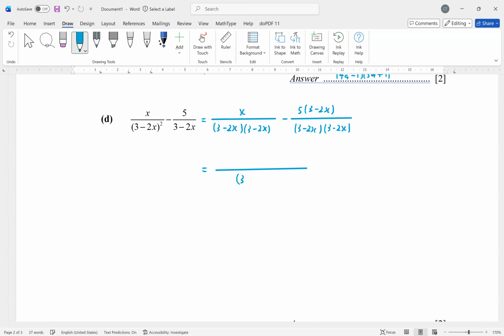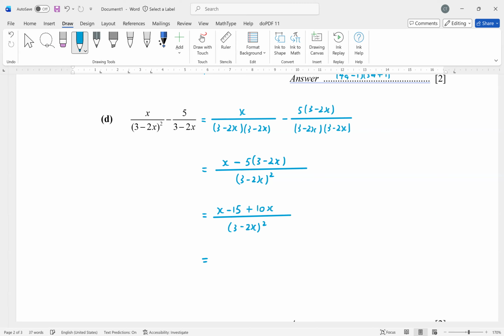This one, the denominator, you can change it back to this. The same thing, copy x down, negative down, 5, 3 minus 2x, right? Then we'll have 3 minus 2x squared. Same thing, open bracket, negative 5 times 3, negative 15, negative 5 times negative 2x plus 10x.